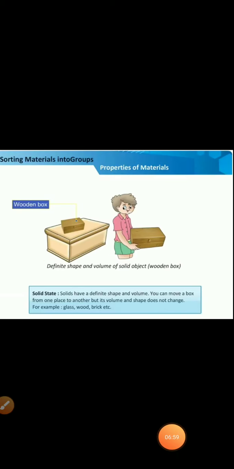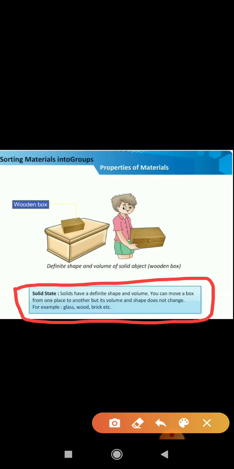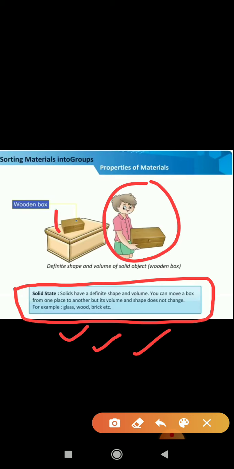Solid state. Solids have a definite shape and volume. You can move a box from one place to another, but its volume and shape do not change. For example, glass, wood, brick. Here one boy is taking this box from one place to another.